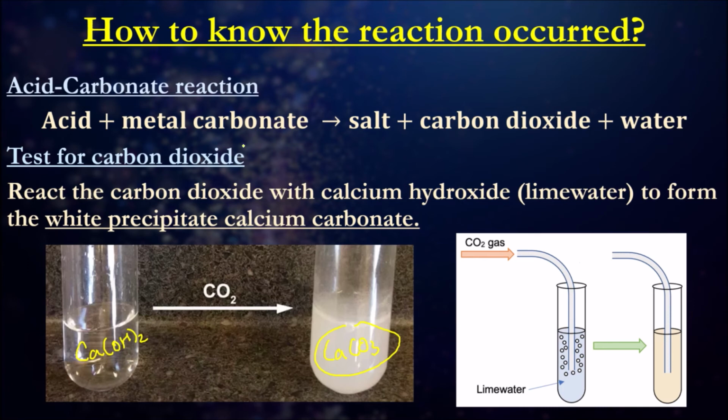So this is how we can test whether or not we have an acid metal carbonate reaction forming here. We call it the lime water test. I know I wrote carbon dioxide test, but the actual technical name people call it is the lime water test.